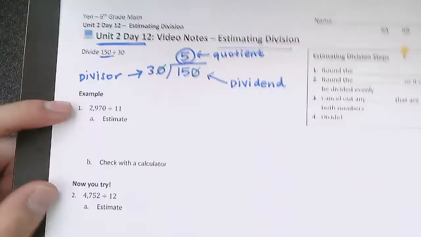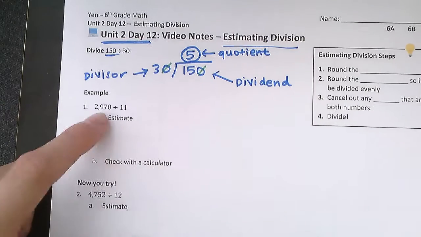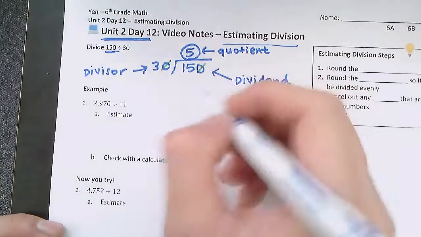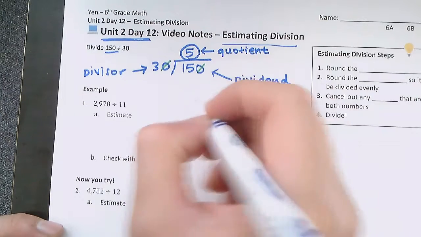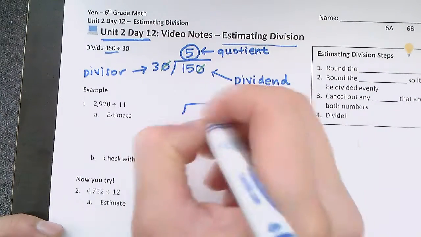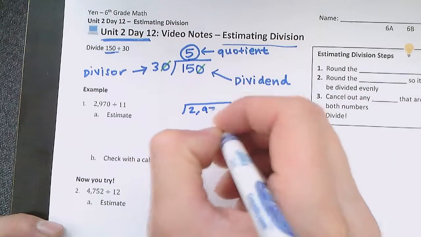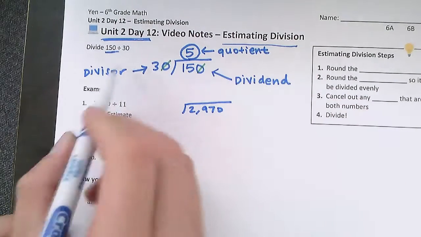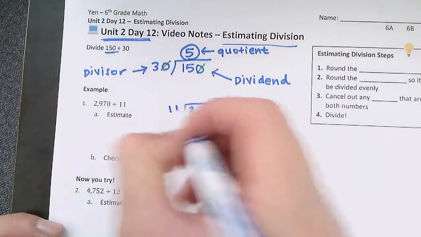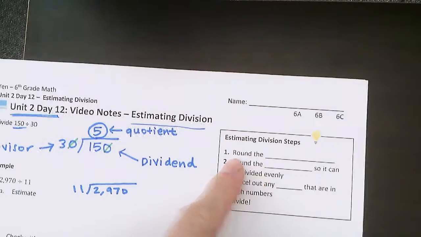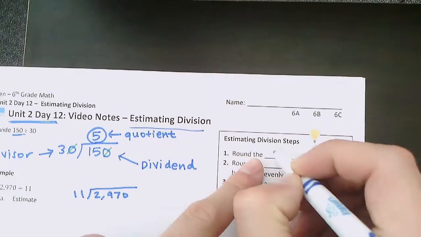Let's look at example 1. 2,970 divided by 11. If we set this up in our long division form, we would have the total that we started with, the dividend, 2,970, divided by the divisor, which is 11. When we estimate, the first step is to round the divisor first.